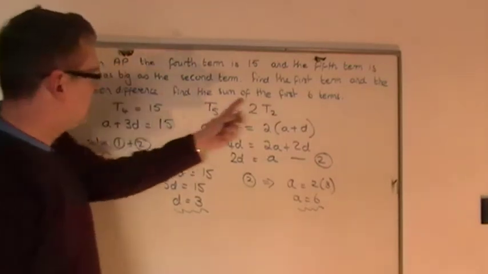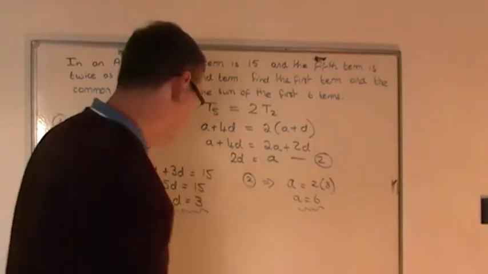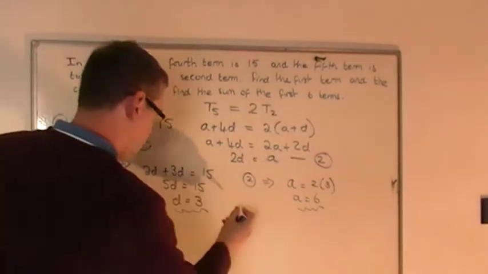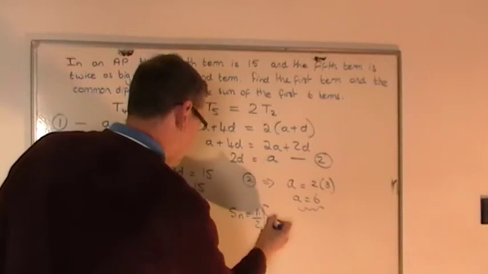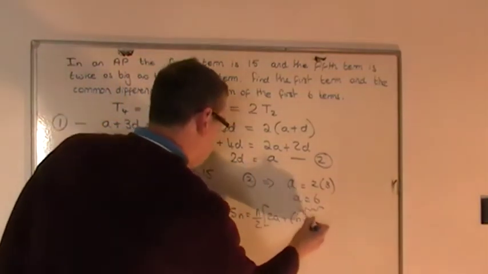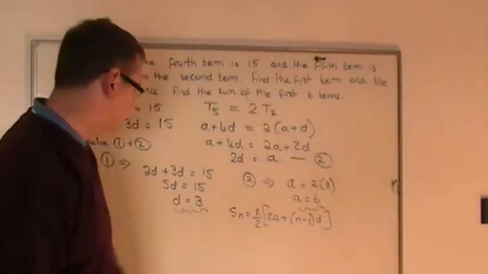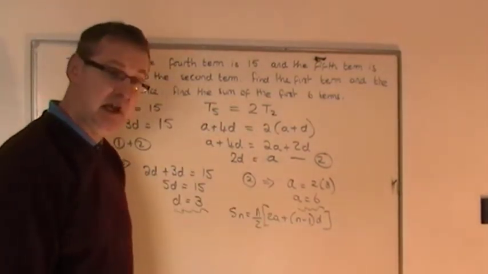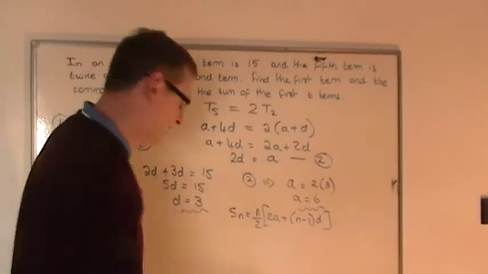Now it says find the sum of the first 6 terms. So we use the Sn formula: Sn equals n over 2, bracket, 2a plus n minus 1 times d. I know A is 6, I know D is 3, and I want the sum of the first 6 terms, so n is 6.